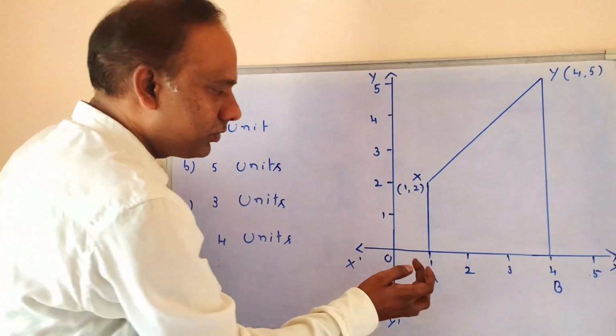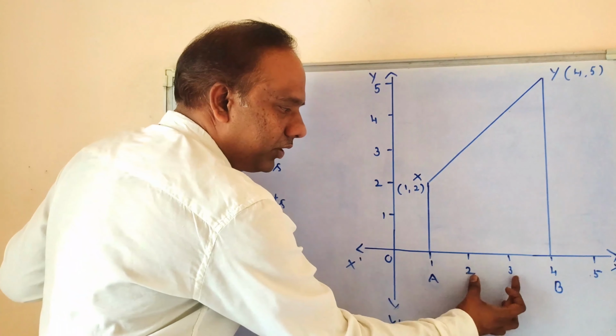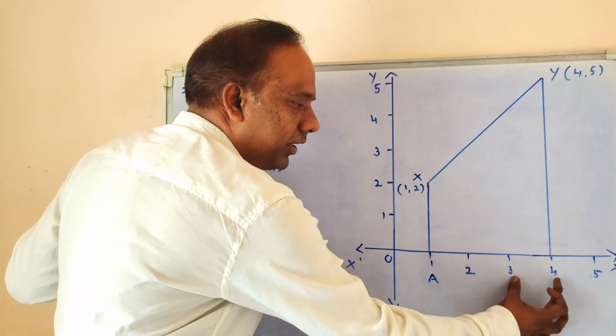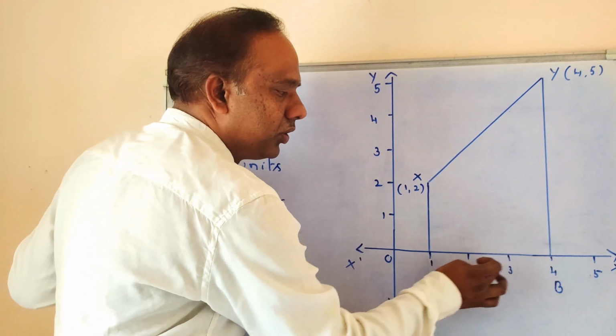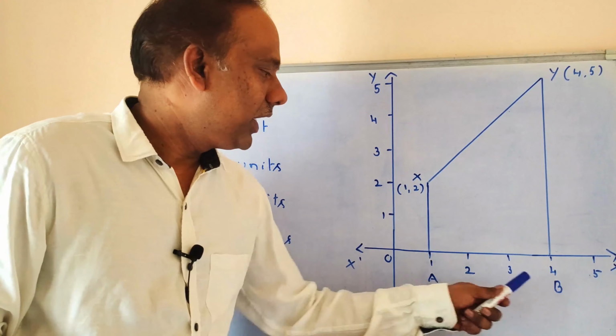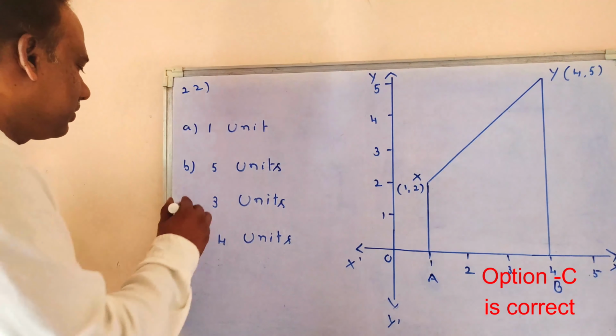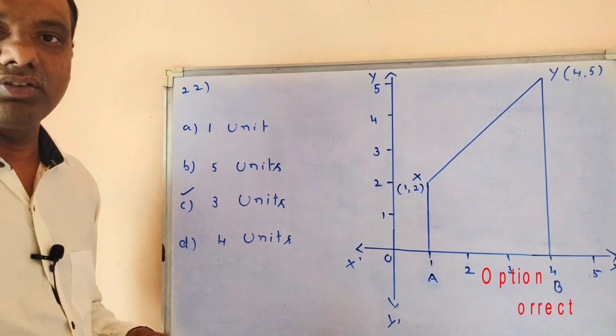Length of AB means from here to here: 1 unit, here to here 1 unit, and here to here 1 unit. So the total is 3 units. So the length of AB is 3 units, and option C is the correct answer.